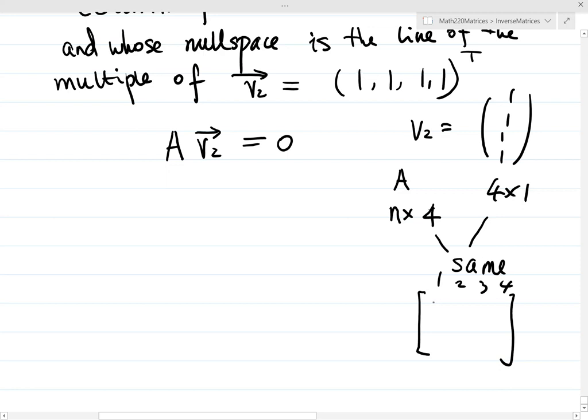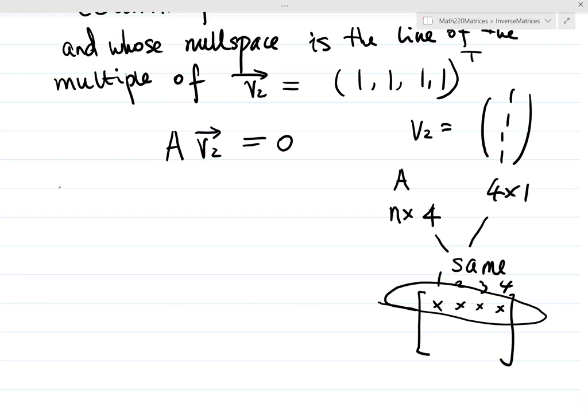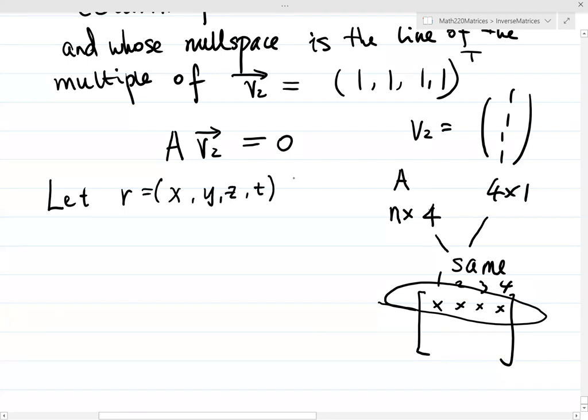Now this means a row vector, the horizontal thing, should have 4 variables. Let R be a row vector of A. R should have 4 variables: R equals x, y, z, t.